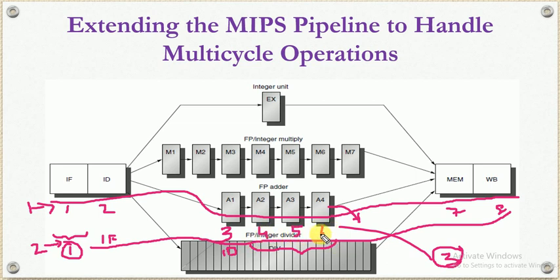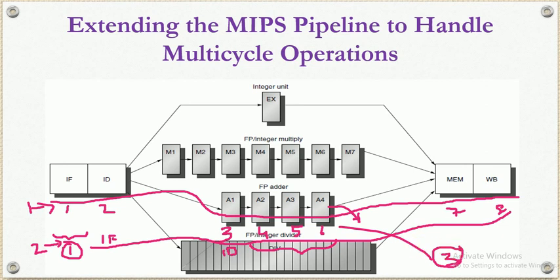So clock cycles 4, 5, 6, that is 3 clock cycles, are wasted, the waiting period before moving to the EX stage.